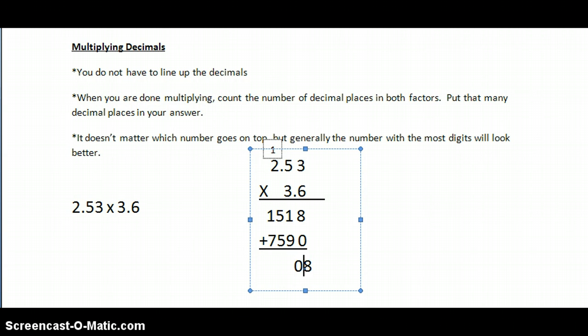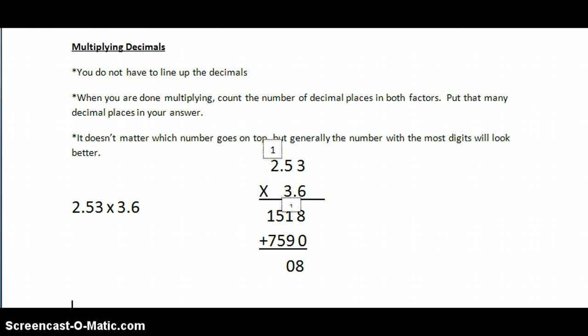I'm going to have to carry the 1. And here's where you can't really help being a little bit messy. So I'm going to put that 1 right there. It's going to be really small, so you're just going to have to make sure you can read it.